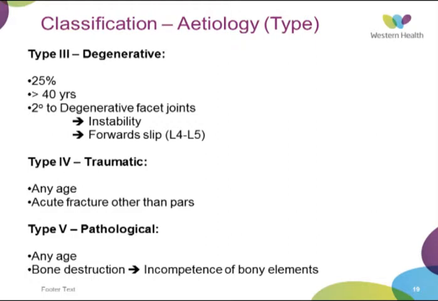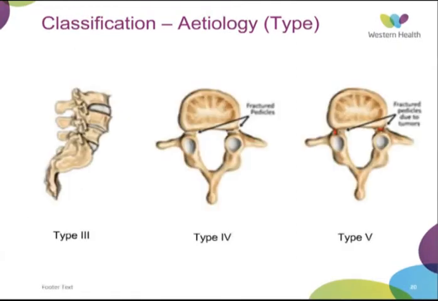And type 5 is pathological, again any age, where bone destruction is present, and you end up with incompetence of the bony elements. And here are some illustrations: type 3, 4 with the fractured pedicles, and then 5 with the tumour.